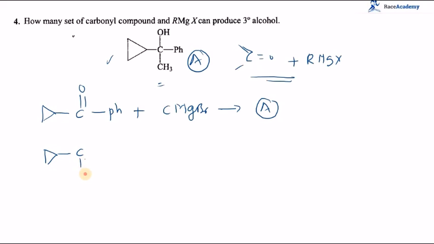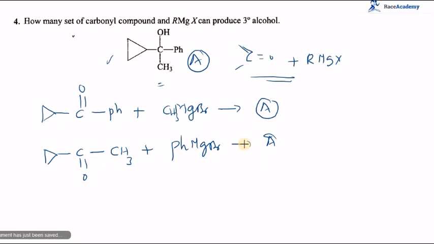Or else if you take one cyclopropyl group with carbonyl carbon, and one methyl group attached, then I need one Ph, that means phenyl group, added to this one. So here, PhMgBr I can take to get A. So I can get A in this set also.